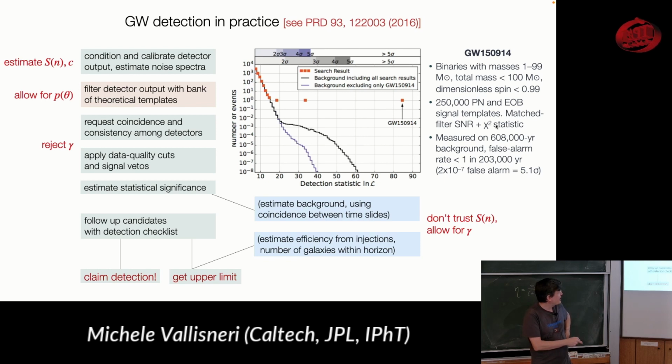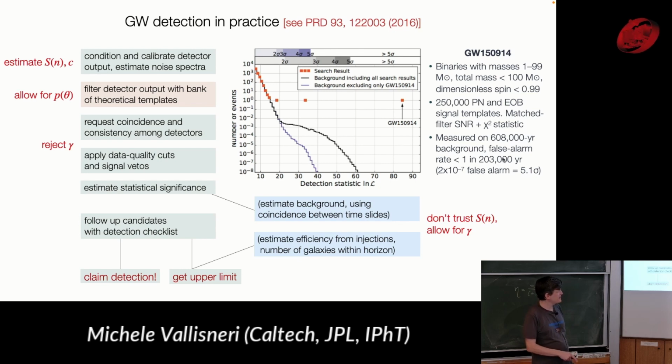And now this empirical background: the time slides were done in order to create a synthetic extension of a background for 600,000 years, effectively. Okay, and so one gets a false alarm rate of less than 1 in 200,000 years.